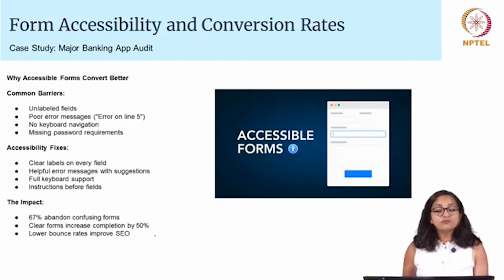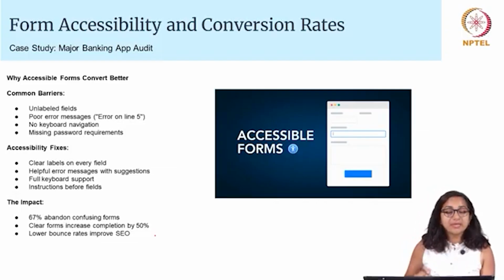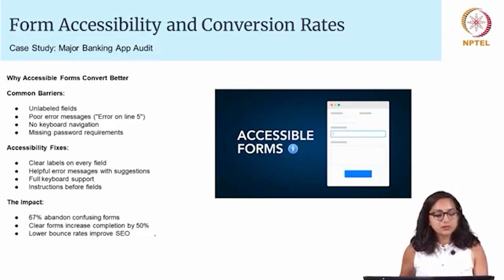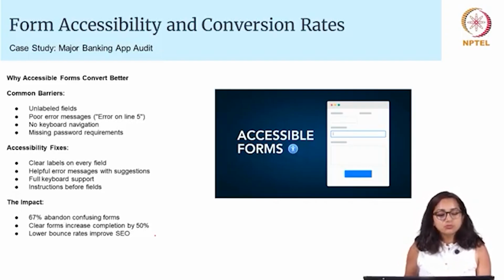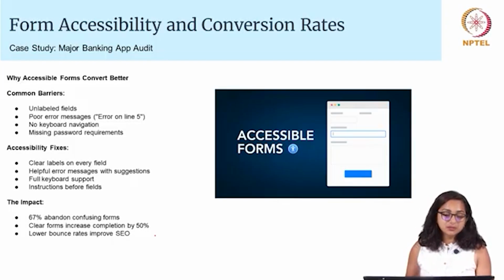Now let us come to form accessibility and conversion rates. There is a major banking app audit which we have taken as an example. So why do accessible forms convert better? Most of the websites which are banking related may have some forms.